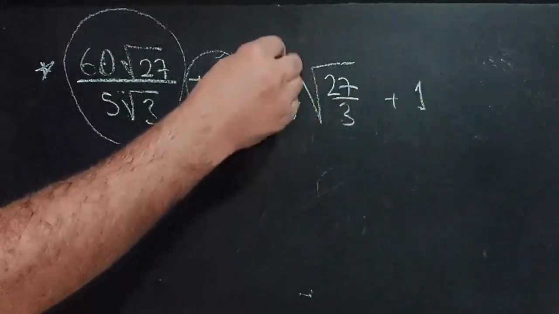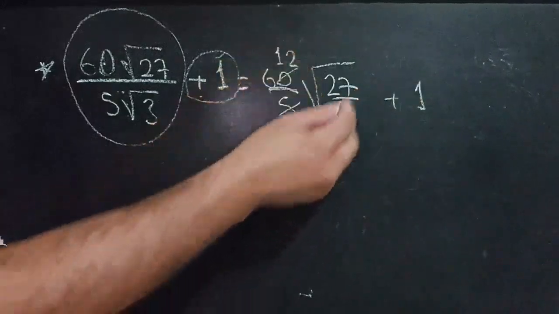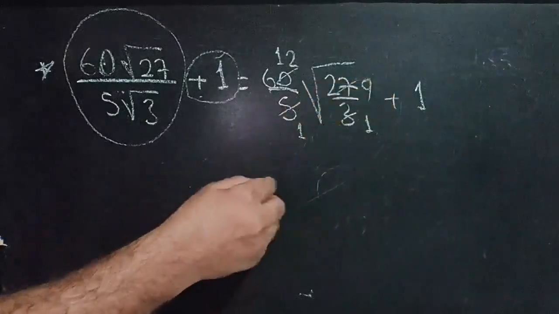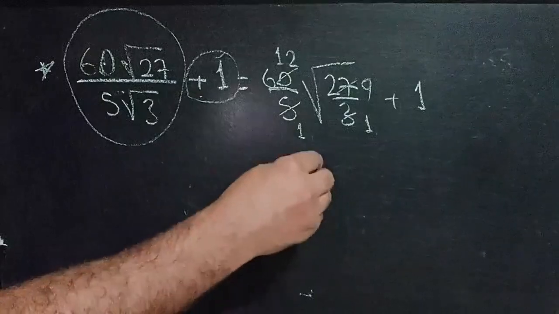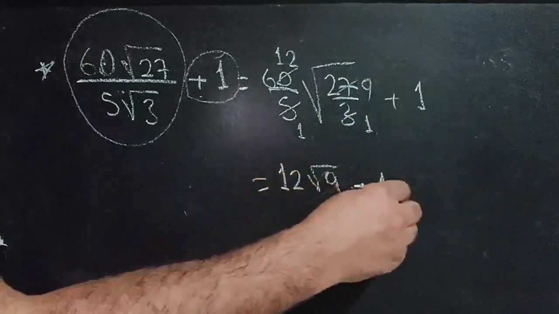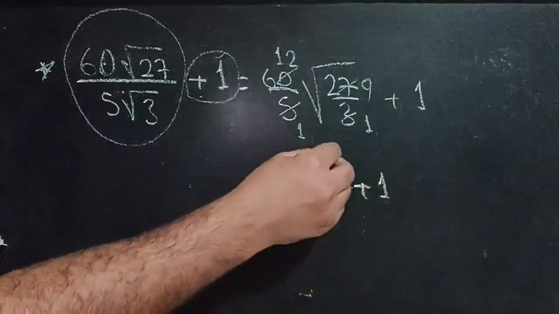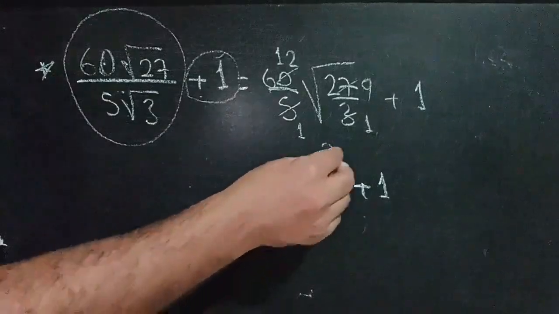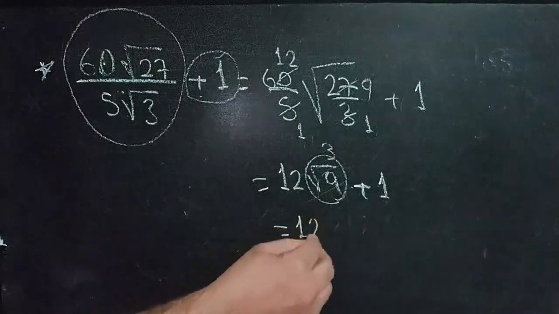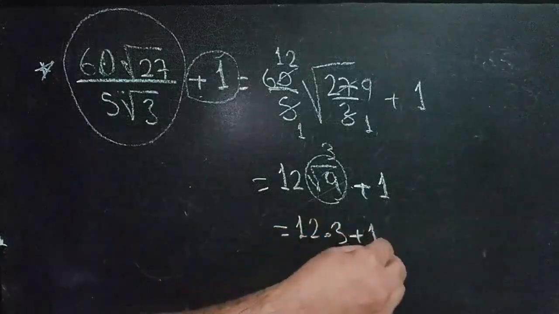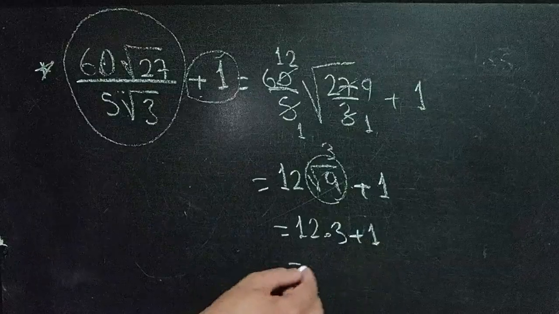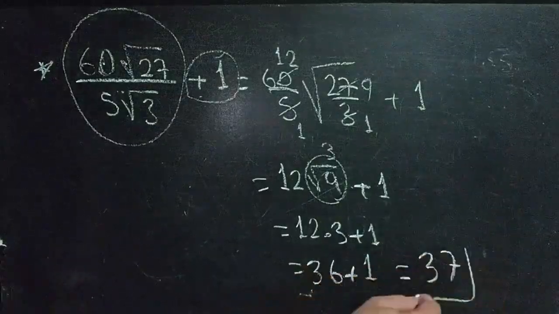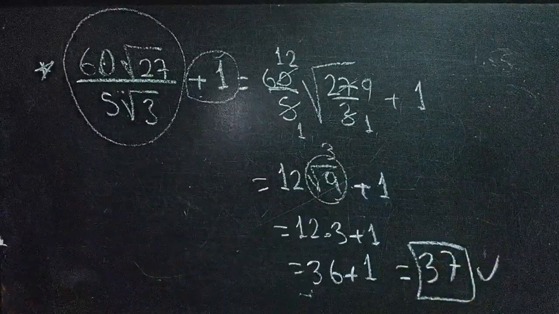That will give me 12 over 1, and there will be 9 over 1, which is going to be 12 square root 9 plus 1. So this will be 3. 9 is going to come out of square root as 3. 12 times 3 plus 1. That will give me 36 plus 1, which is 37.